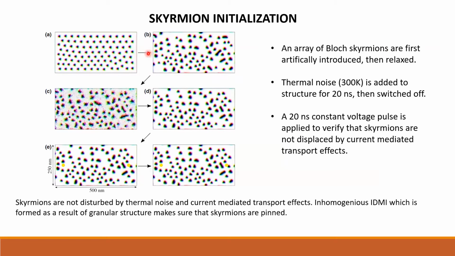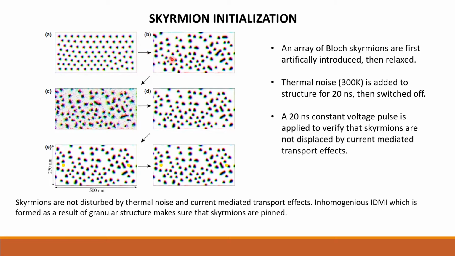Skyrmions used as the reservoir need to be tested in terms of their stability to check whether they are disturbed by thermal noise and current-mediated transport effects. For that reason, firstly, an array of Skyrmions is introduced artificially, and then they are relaxed under an externally applied magnetic field with a magnitude of 400 millitesla.